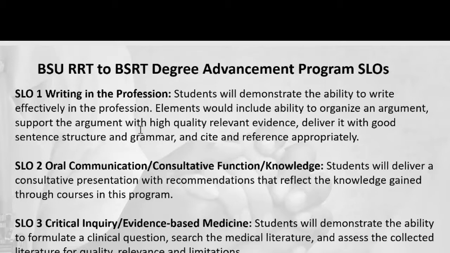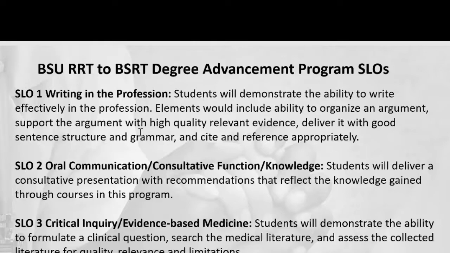getting you to demonstrate the ability to write effectively within the profession. Now, a lot of you are taking this degree advancement program to get your bachelor's degree, to be in management, maybe go on to do some education, either within a facility, like a hospital, or a university setting. A lot of you may be looking at research.